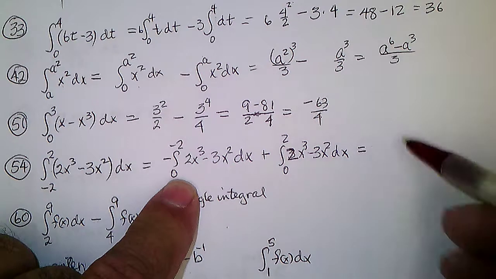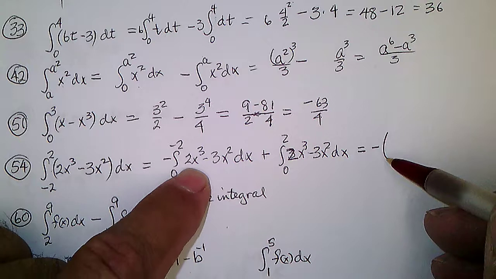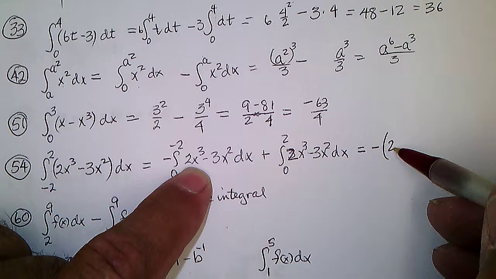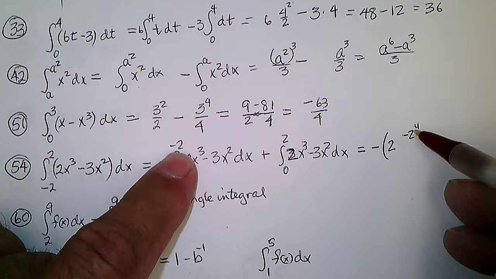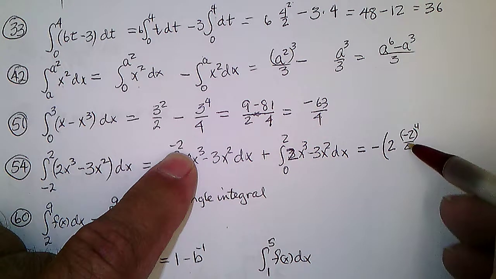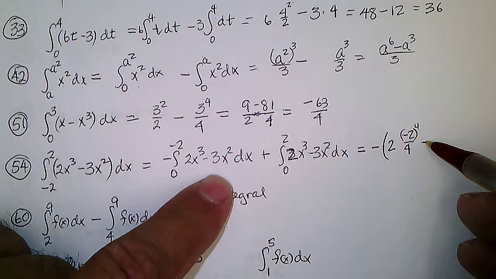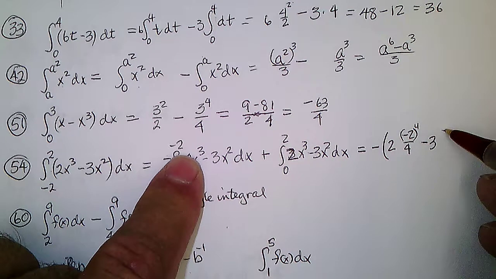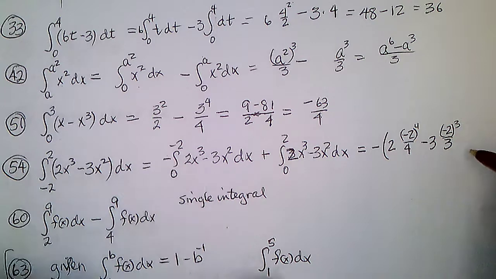So we have a minus, and then the 2 would come out, and x to the third goes to x to the fourth, minus 2 to the fourth over 4. And then we have a minus 3. This goes to x to the third, so minus 2 to the third over 3.